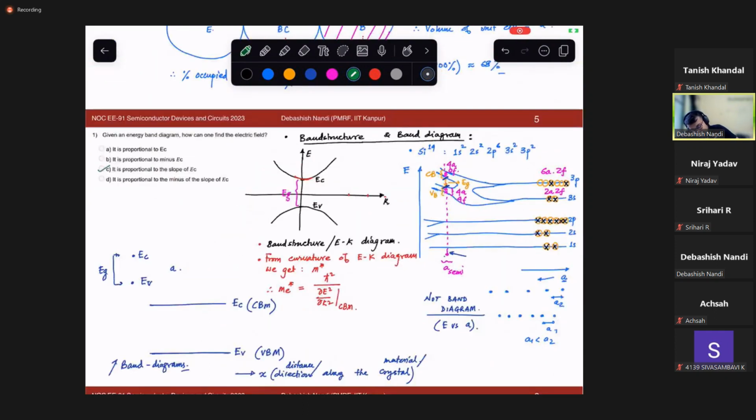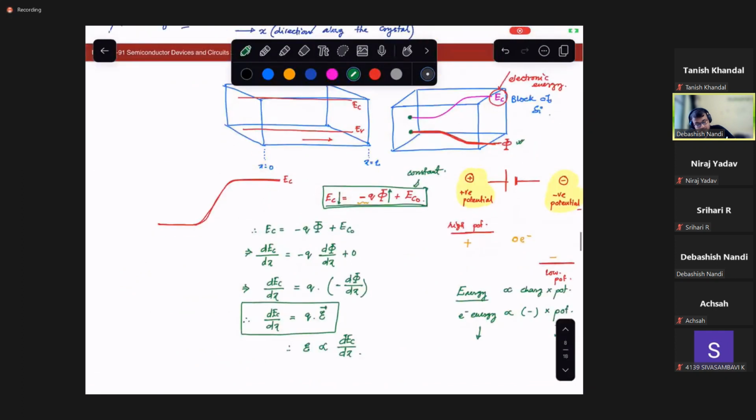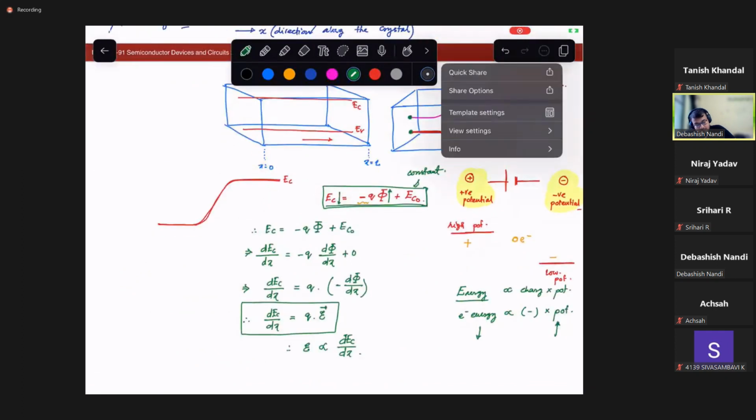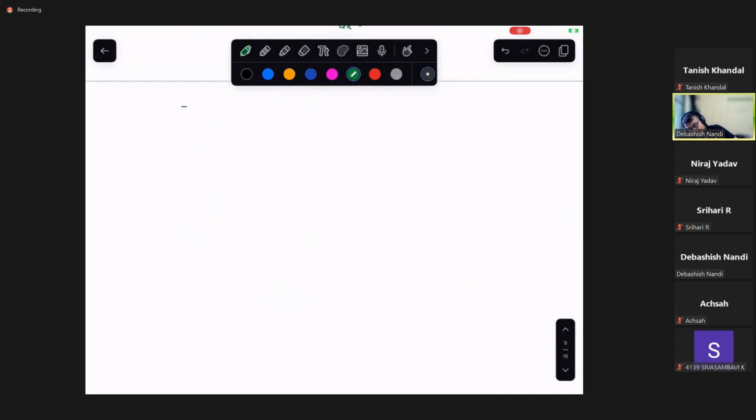So given an energy band diagram, how can we find out the electric field? It is proportional to the slope of EC. Suppose you are given an energy band diagram like this.